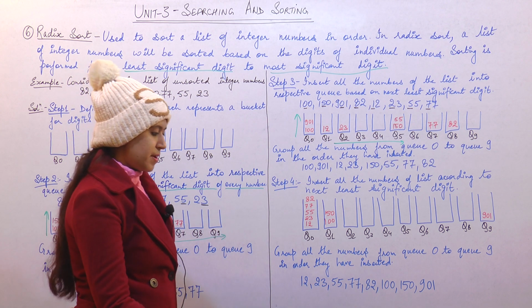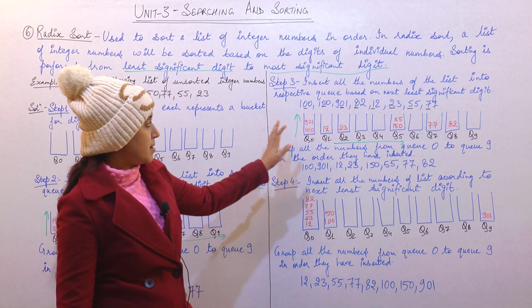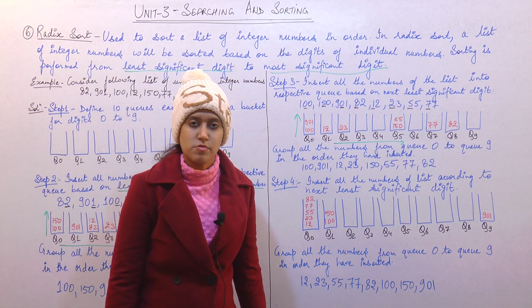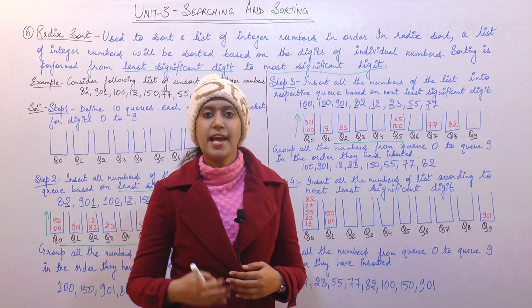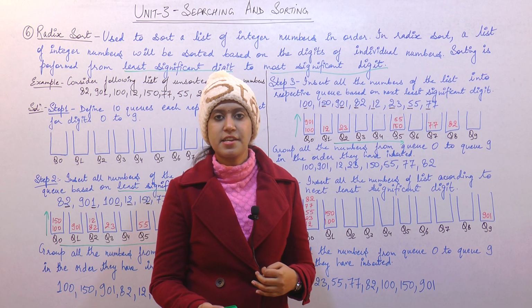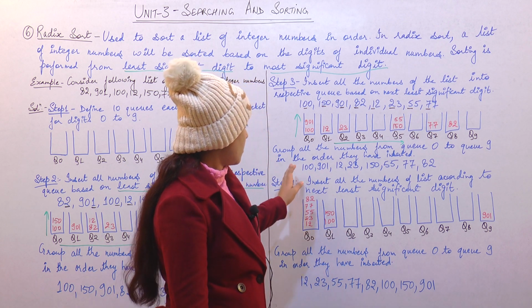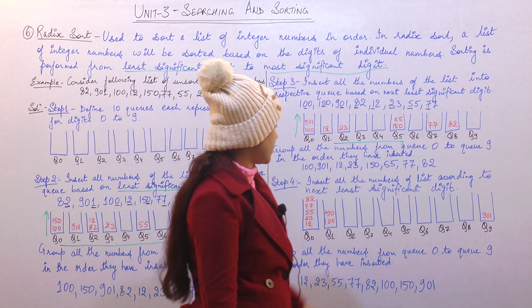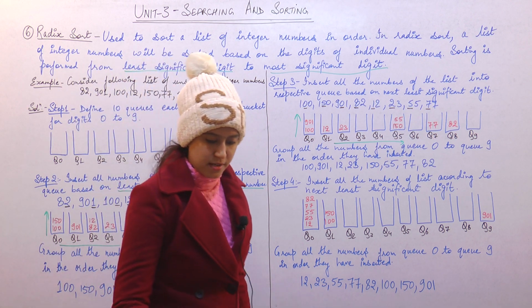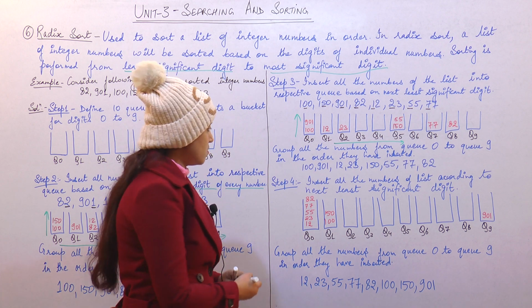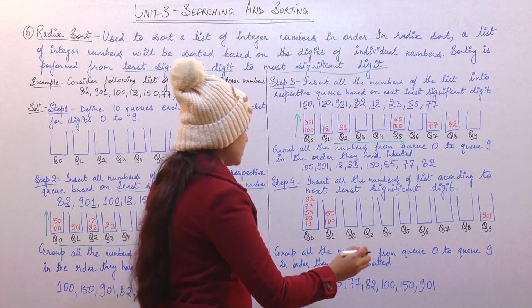Now further implementing, since we are having some numbers of 3 digits also, in the next step we will take the next least significant digit. So we will now insert the numbers according to the next least significant digit.